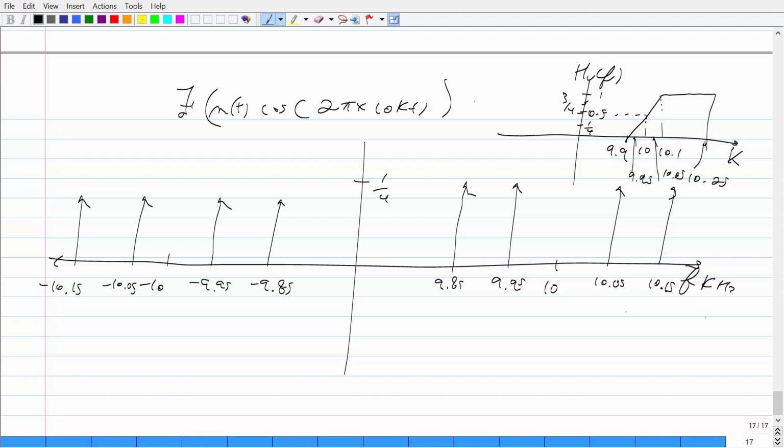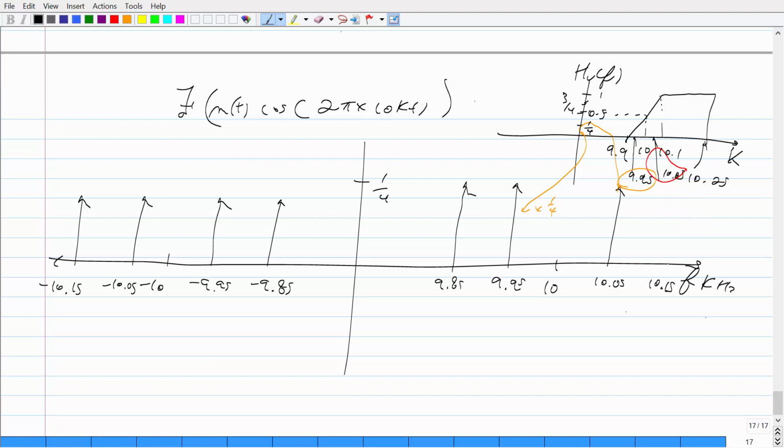So at this point, the output is equal to 1/4, so I need to scale this one by 1/4. And then I need to take this other one, and I need to scale this by 3/4.